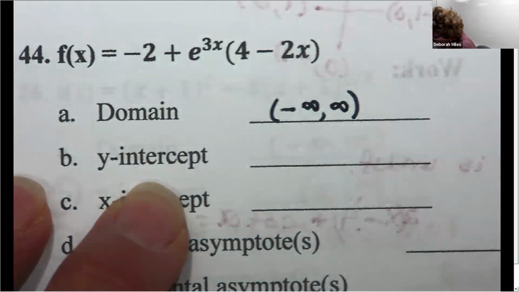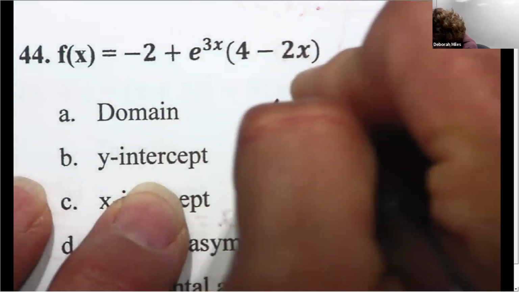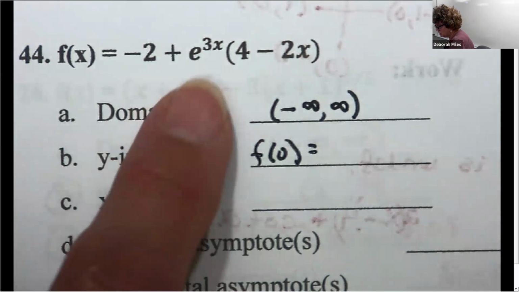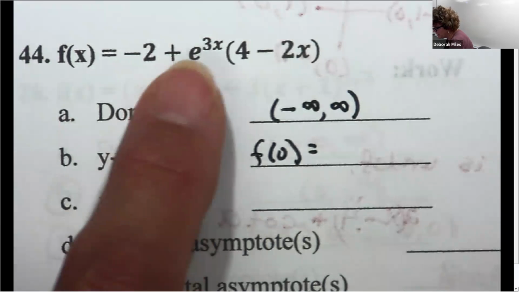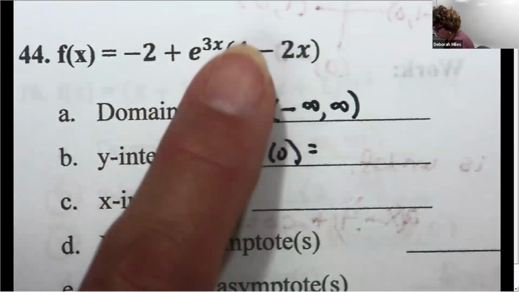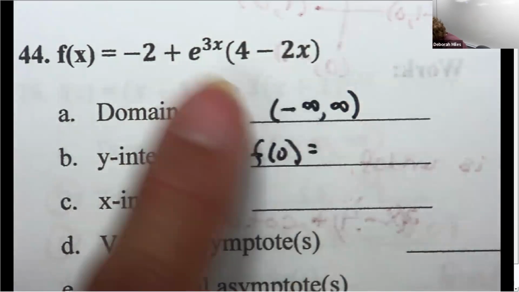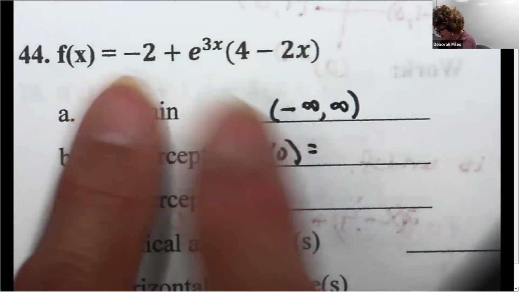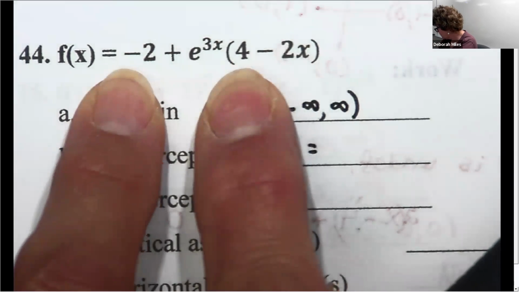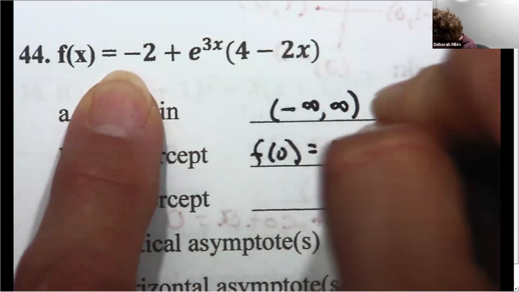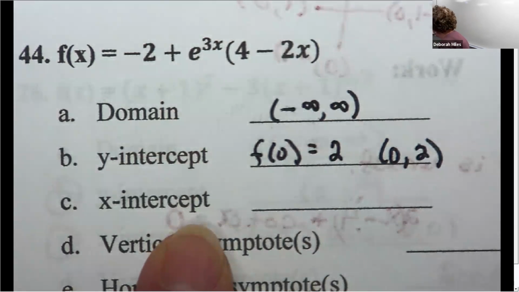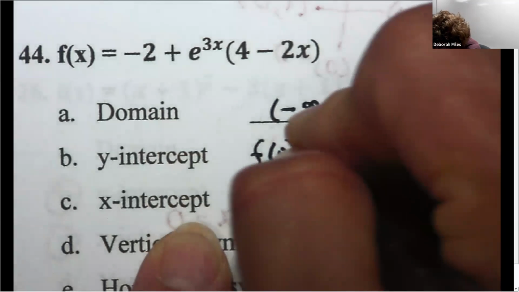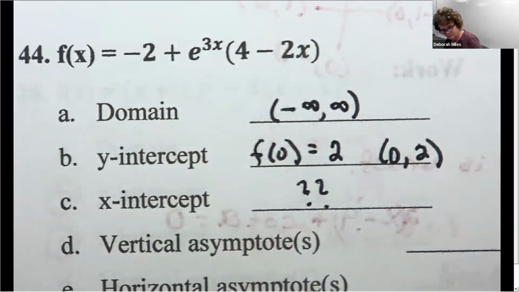You let x be 0. e to the 0 is 1, 4 minus 0 is 4, and so all we have is -2 plus 4, which is +2. So when x is 0, y is 2. We could attempt the x-intercept part, but I think it would be very difficult to find the value of x that makes that expression 0. So just a question mark is fine.